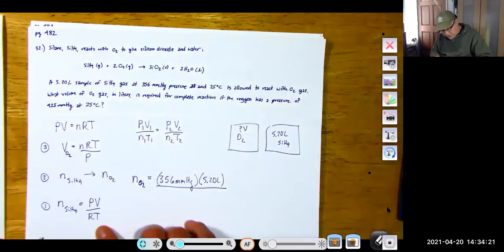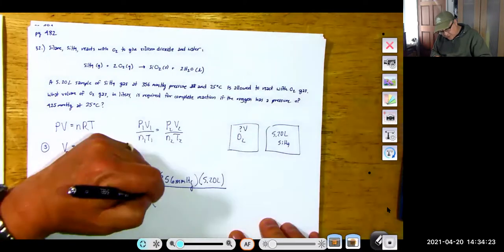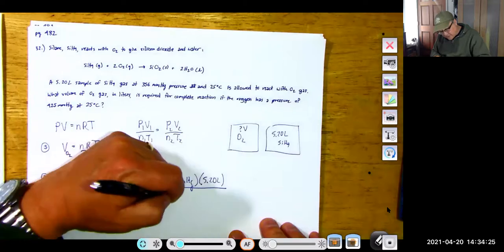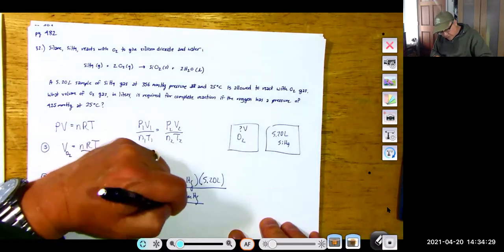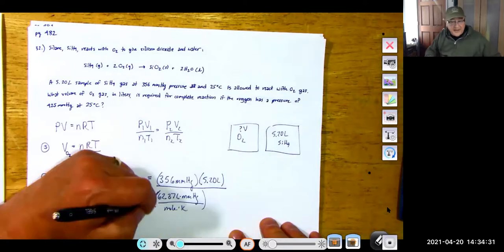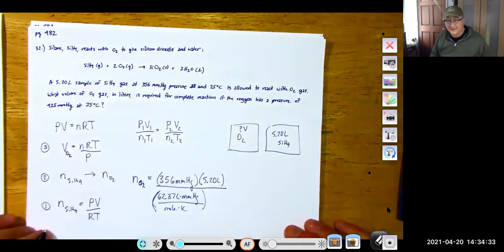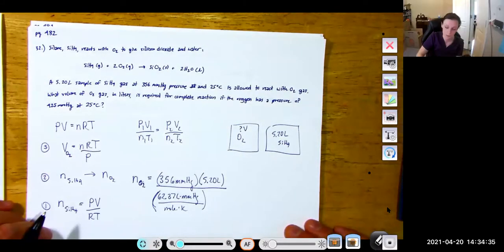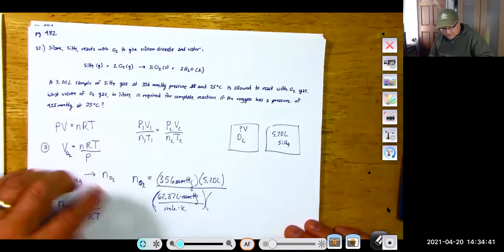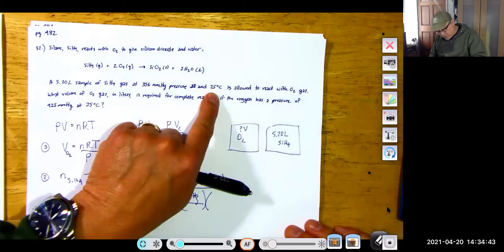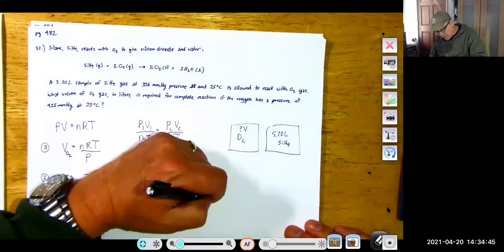The R, we're going to use 62.37 liters millimeters of mercury per mole per K. Why are we using this one instead of the 0.08206? So the pressure units cancel, absolutely. And the temperature of the silane gas is 25, which we know is 298.15 K.